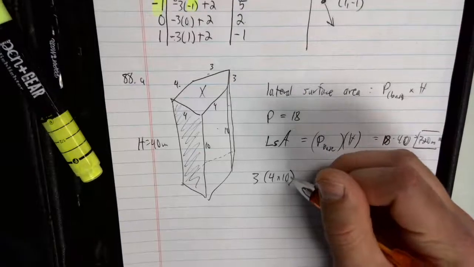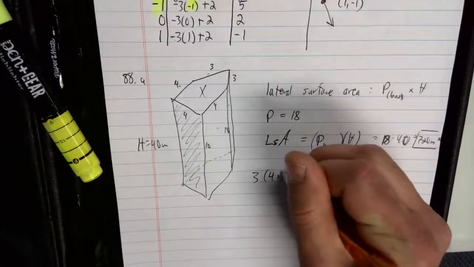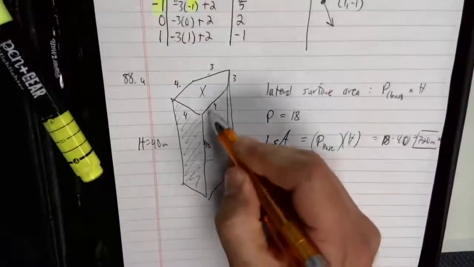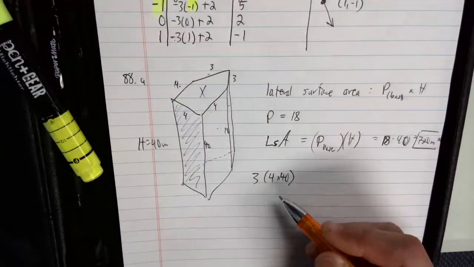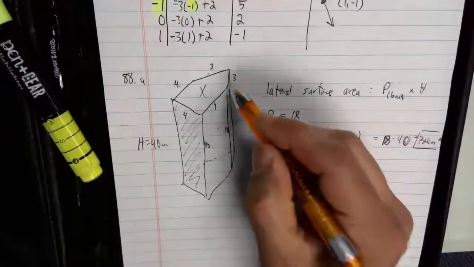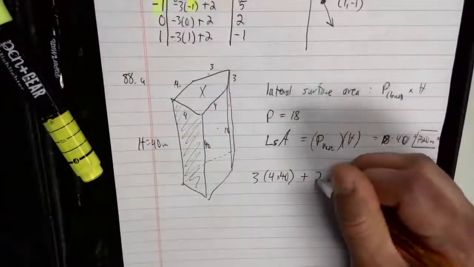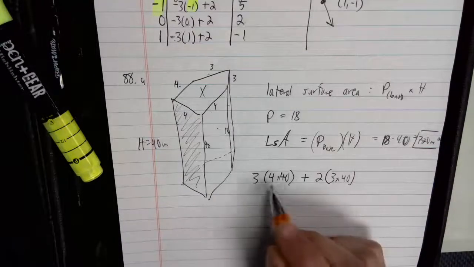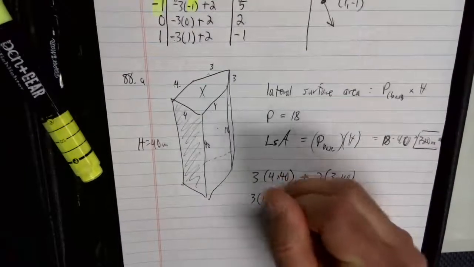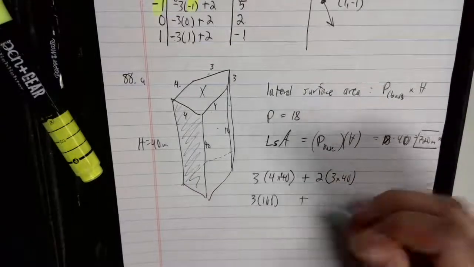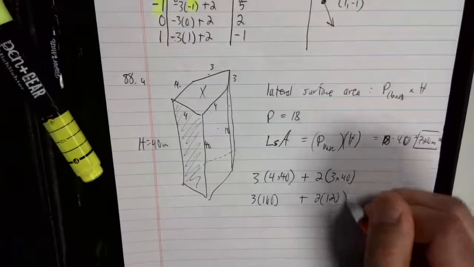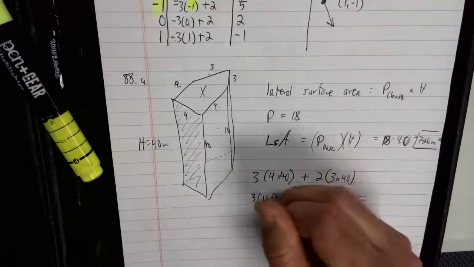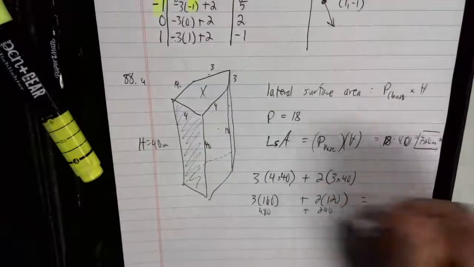Where did I get 10 from? Oh, there, that's much better. 4 times 40, and then we have 3 faces just like that. And then I have 2 faces that would be 3 times 40. So 4 times 40, that's 160. 3 times 160 is 480, plus 2 times 120 is 240. And hopefully, that's 720. Yeah, so 480 plus 240.